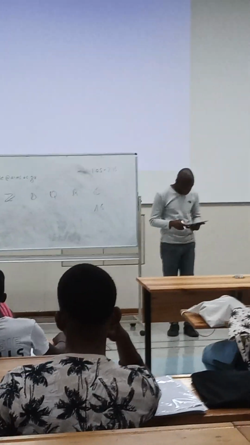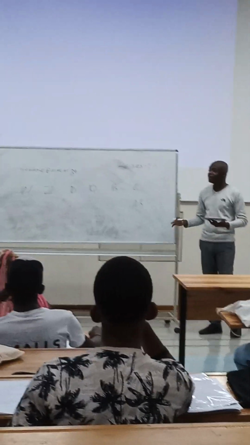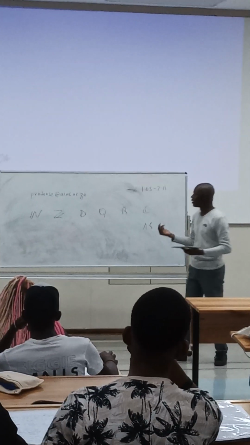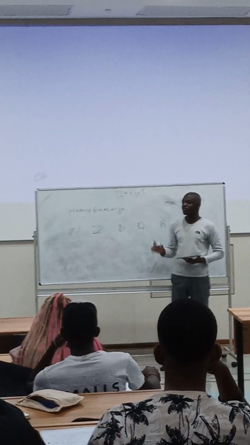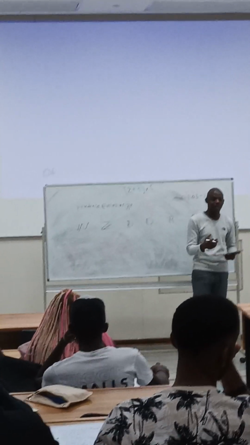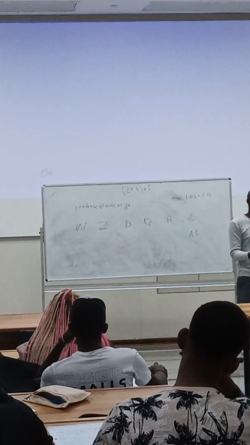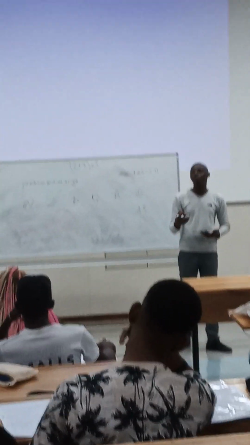And we will also learn how to combine numbers, because we will be doing some calculation. If I give an example, I want to do 2 plus 3, multiplied by 5. Those are numbers, right? But we have different operations, addition and multiplication. So how do we do this operation?